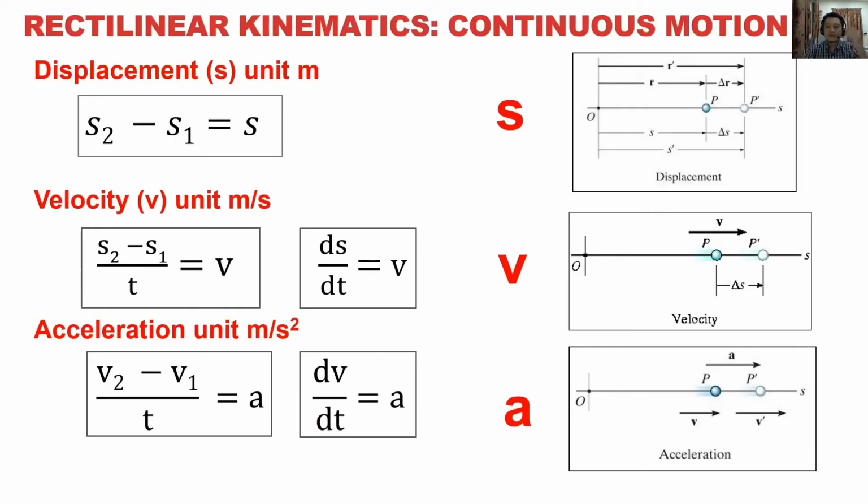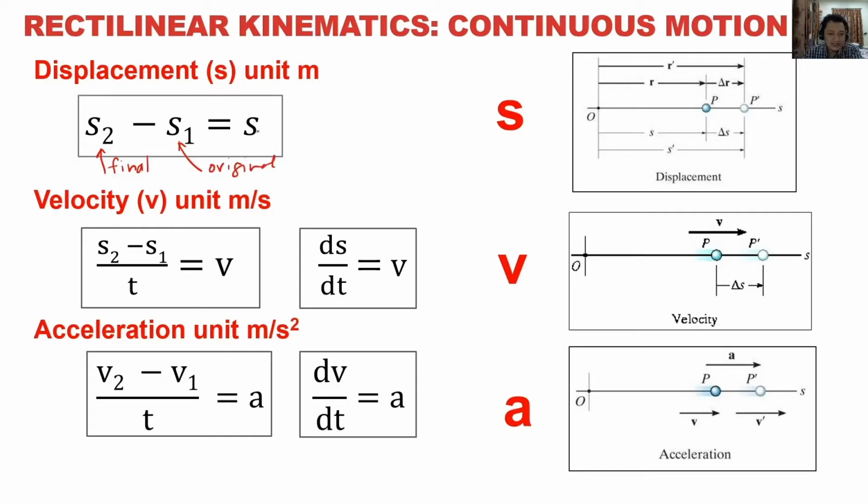So let's look at certain derivations. When you are looking at properties of motion, you have something called displacement. Basically, it is the final location minus the original.